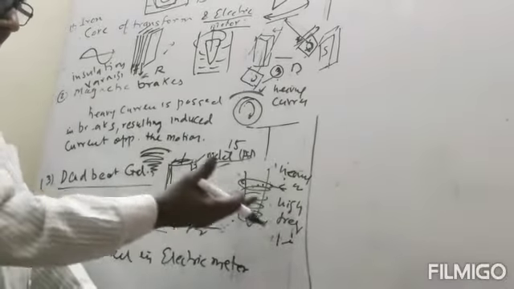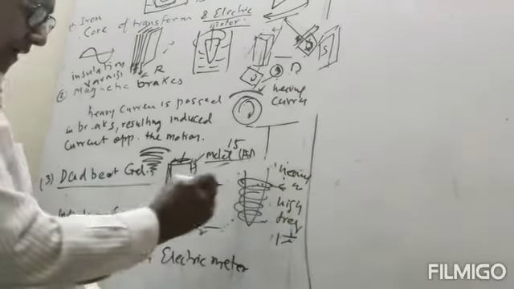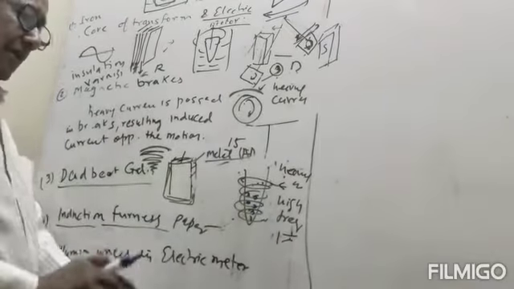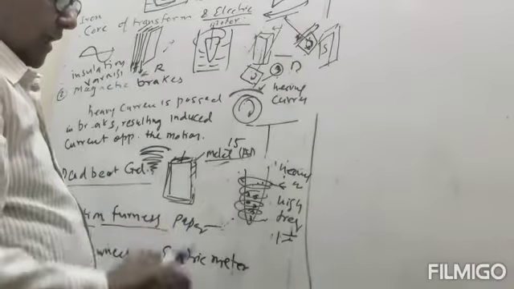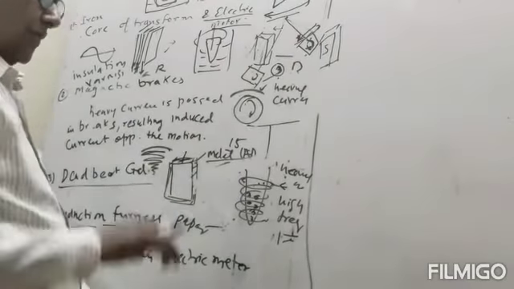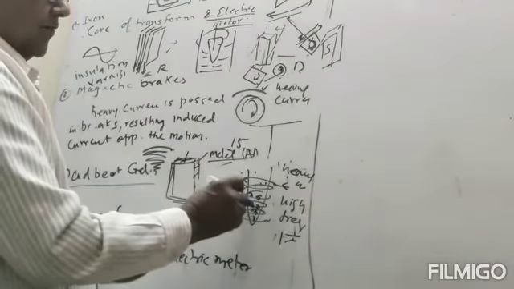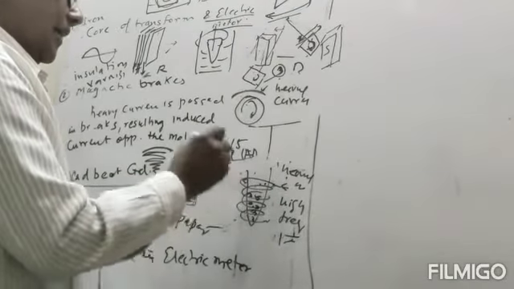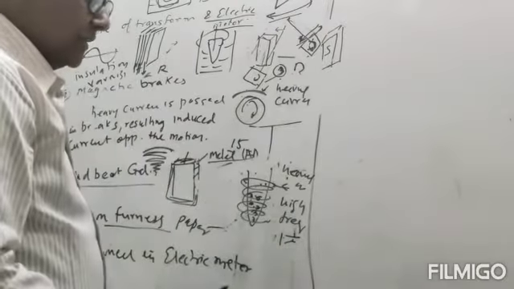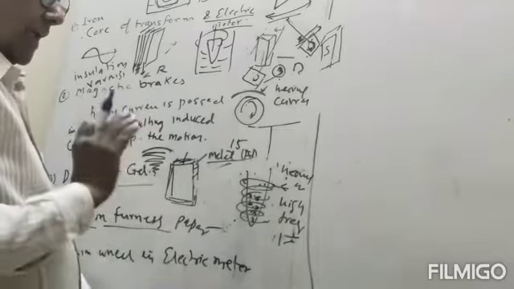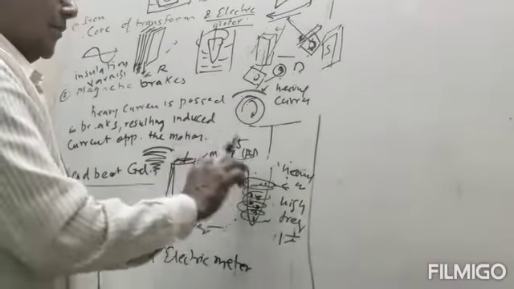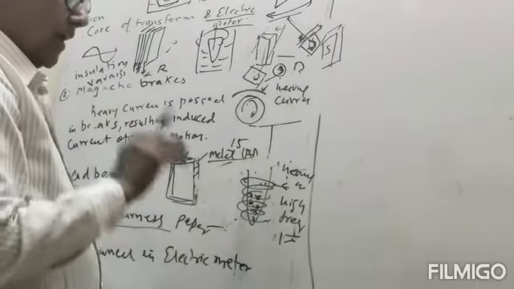Then this eddy current will produce heat, and suppose we have metal here, then the temperature is increased to high, so this metal will be melted. So alloys are produced using this: we have different metals, we put them in the induction furnace, and we pass heavy current with high frequency. Then large eddy currents are produced, and large eddy currents will melt both the metals, and the metals will form an alloy.